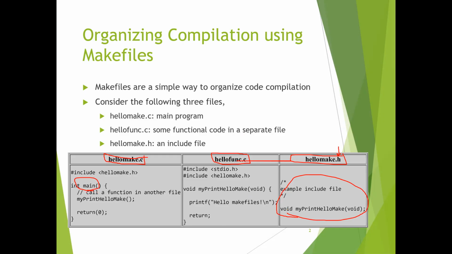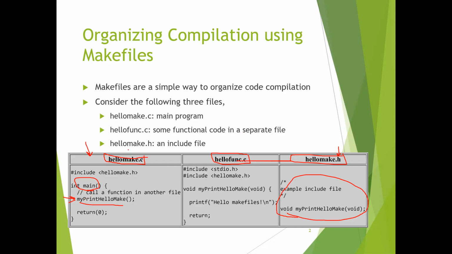Let's quickly take a look at this program. In this program, I'm going to call a function called myPrintHelloMake. And as you see in this file, I don't have any function of this name. So in order to define this, you need to have it somewhere in your program.